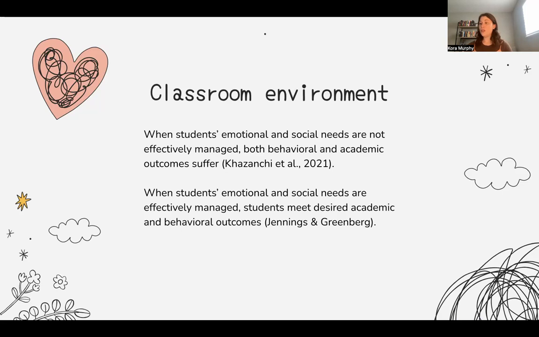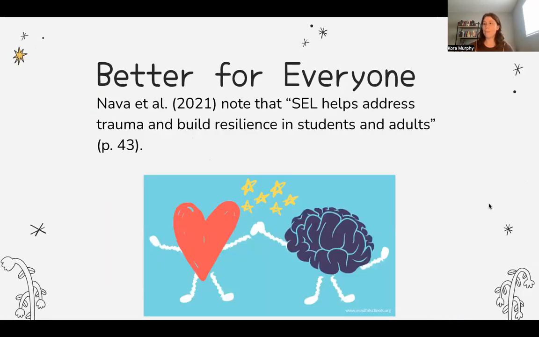I found this as a direct quote from one of the articles that I was reading. Effectively teaching social skills promotes effective classroom instruction to support the learning of all students across the curriculum, right? So when we talk about UDL, Universal Design for Learning, SEL is not just for emotional support students, it's for everyone. And just like I said, it's better for everyone.